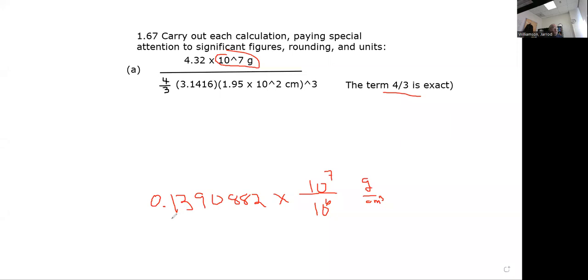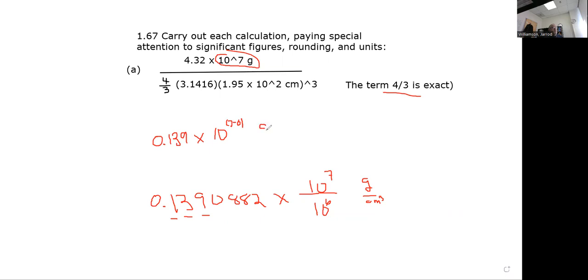So I'm going to round this to 3 sig figs, 0.139 times, now 10 to the 7 divided by 10 to the 6 will be 10 to the 7 minus 6.